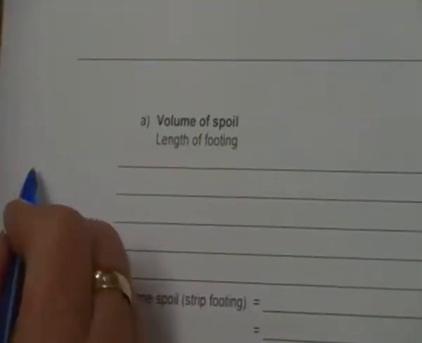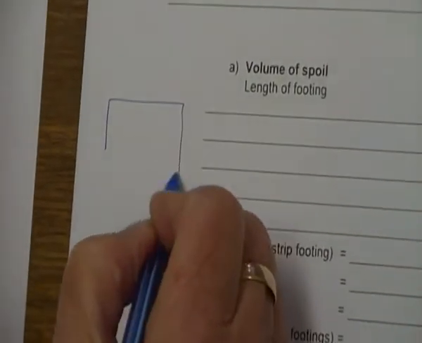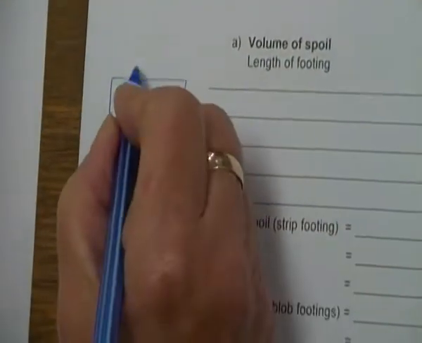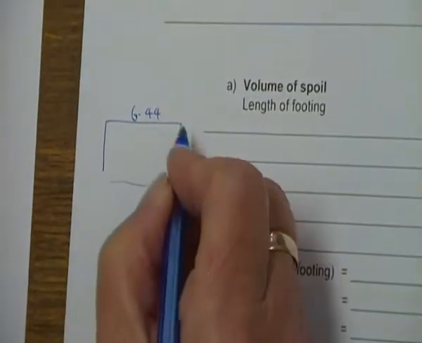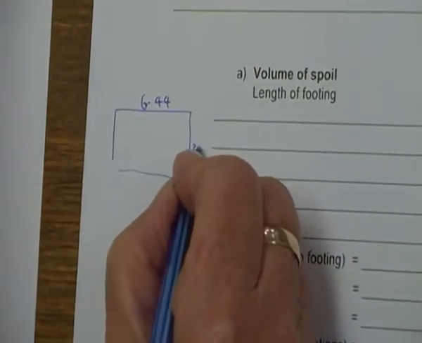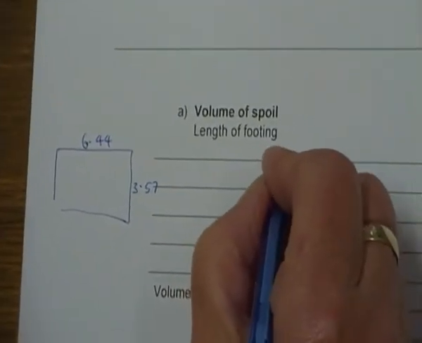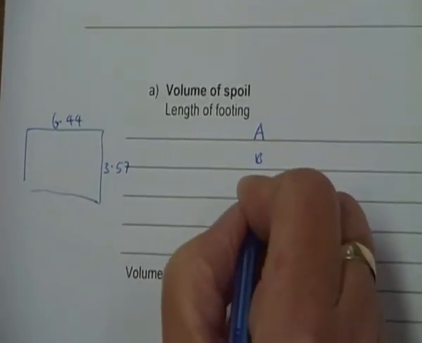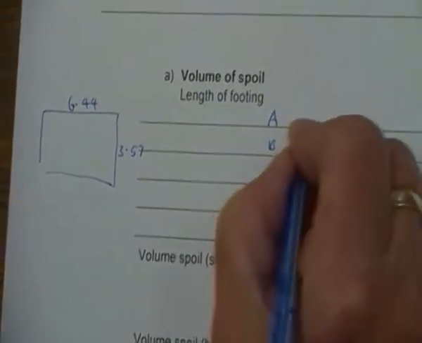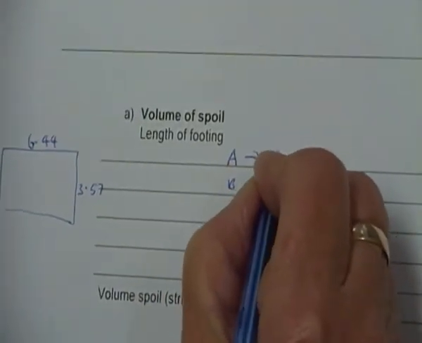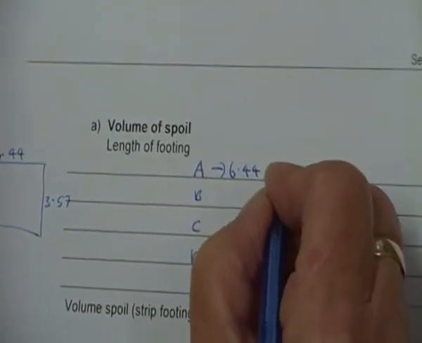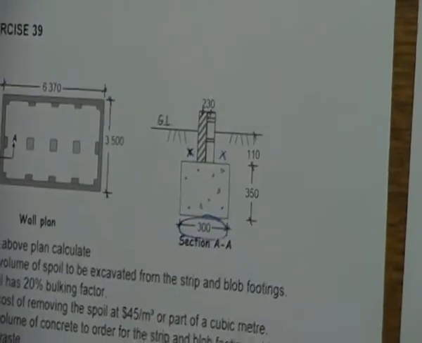So again, because we're going over the page, I just do a quick little sketch and I put in my figures, 6.44 and 3.57. So I'm going to do my length of the footing, A, B, C, D, and A at 6.44, and I'm minusing the width of my footing. If I'm looking in my question, it's 300.